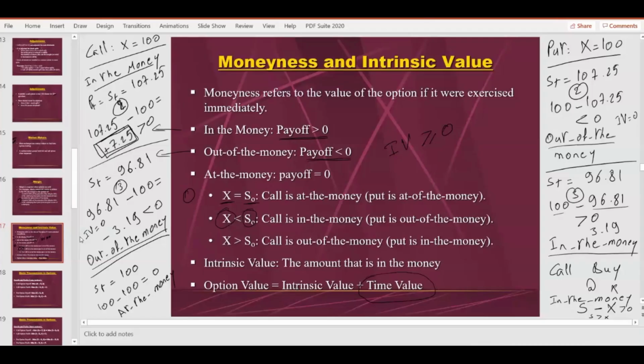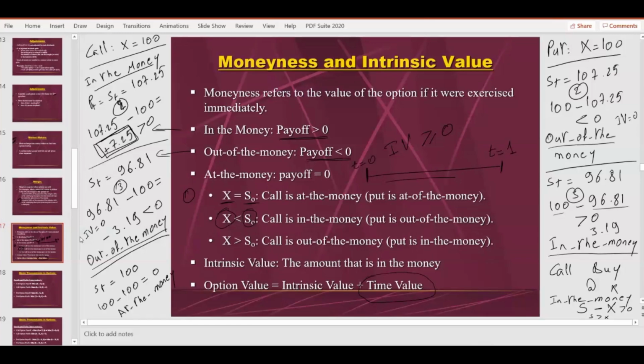Now, as we approach the expiry date, so let's say I'm moving here from t equals 0 till t equals 1. So it's 1 year, let's say. So if the option expires after 1 year, the time value is the highest here at time t equals 0.